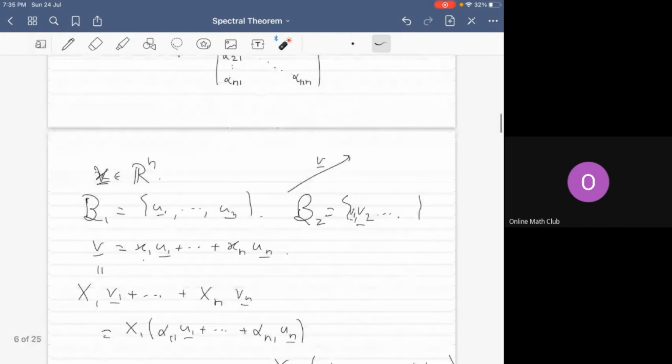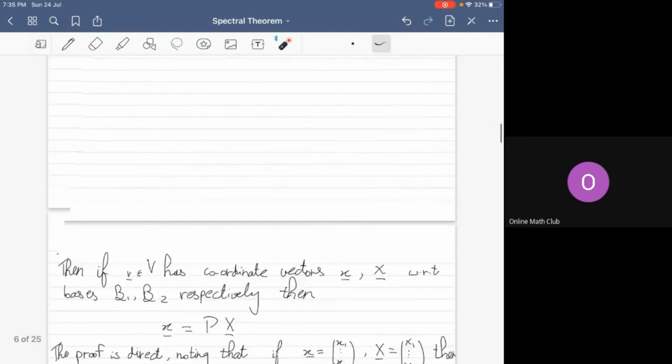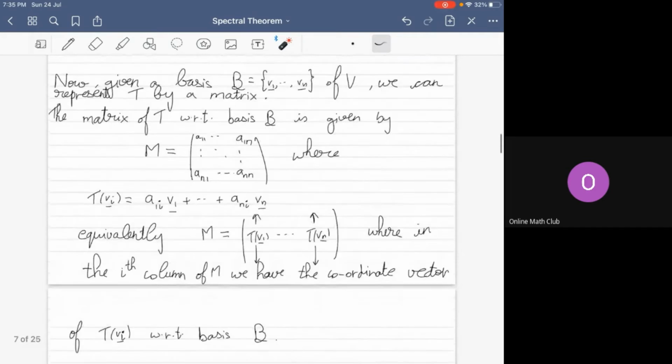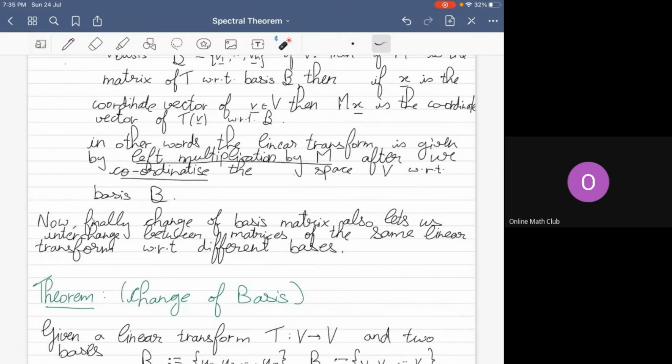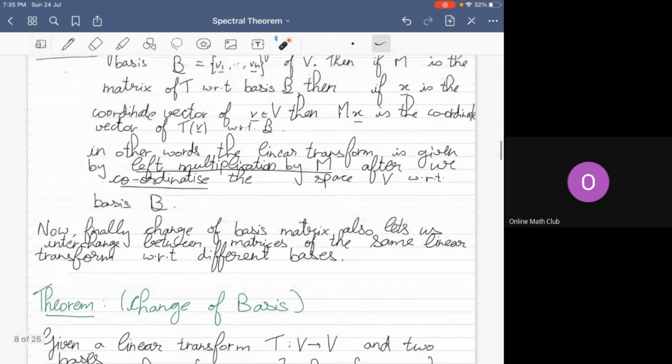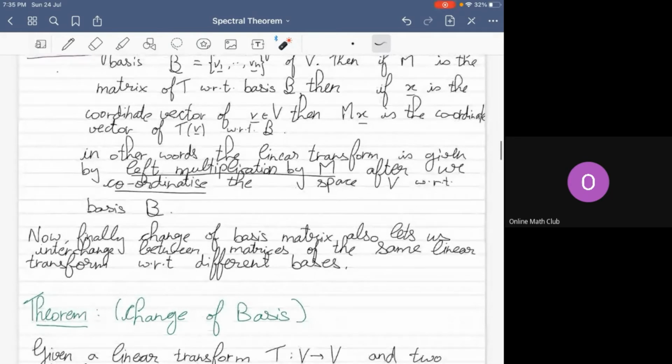Yeah, here x1, x2 refer to those. So right now, just keep this phrase in mind, you don't need to worry about the details right now.